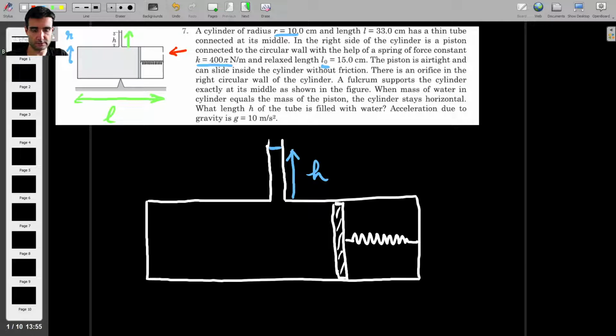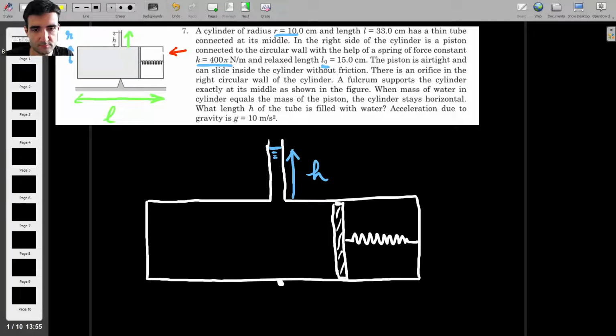Okay, so let's try to think about what's going on here. Underneath the cylinder there is a fulcrum point, and everything is in balance. So what we know is that the piston has a mass, and obviously the water inside the cylinder has a mass as well, and we know that everything is now in equilibrium.